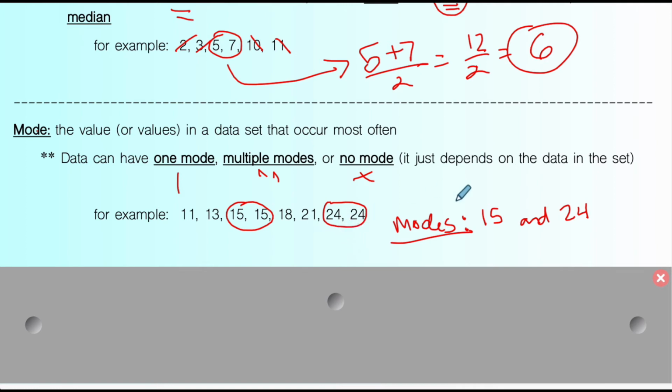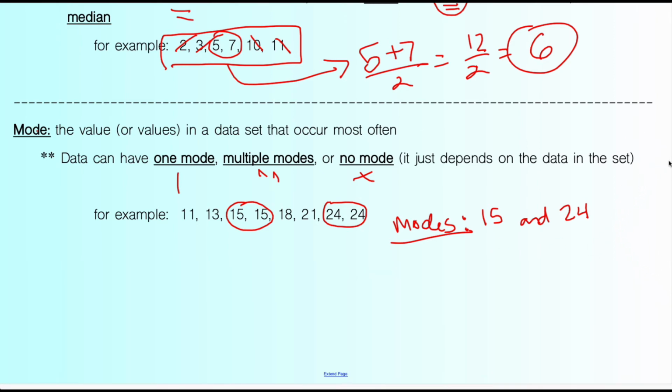And sometimes you'll have a set of data, let's look at the one just above here, where 2, 3, 5, 7, 10, 11, nothing occurs most often. In that scenario, you would have no mode. And please don't write 0. 0 is an actual number. If there's no mode, you should write no mode or none to indicate that there is nothing.